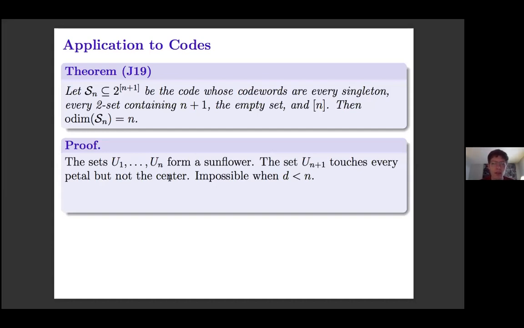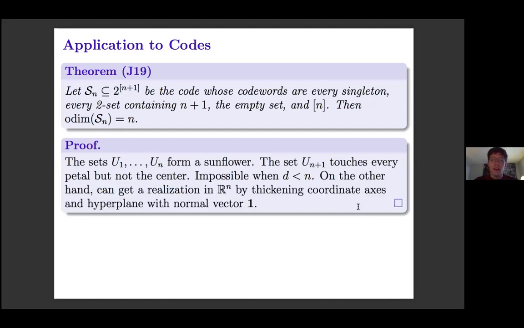Why is that true? Based on what I just described, I cannot slice off more petals than the dimension that I'm living in. So this has to live in dimension at least equal to n, and that's just applying the result from the previous slide. On the other hand, we can form a realization of this code by taking the coordinate axes, thickening them appropriately, and then taking this n plus first set to be a hyperplane that slices through them with coordinate vector equal to, for example, the all ones vector.